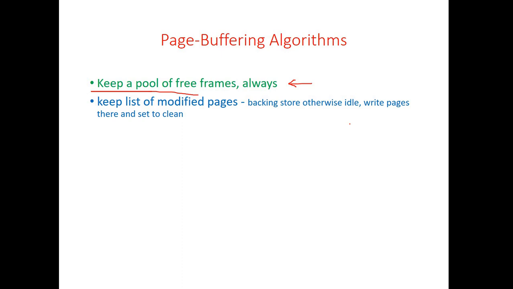Here the idea is that the operating system does not want to waste its CPU time waiting for identifying the victim frame for page replacement. The victim page is identified after the page is replaced by taking a free frame from the pool of free frames. That is the idea behind the pool of free frames method.